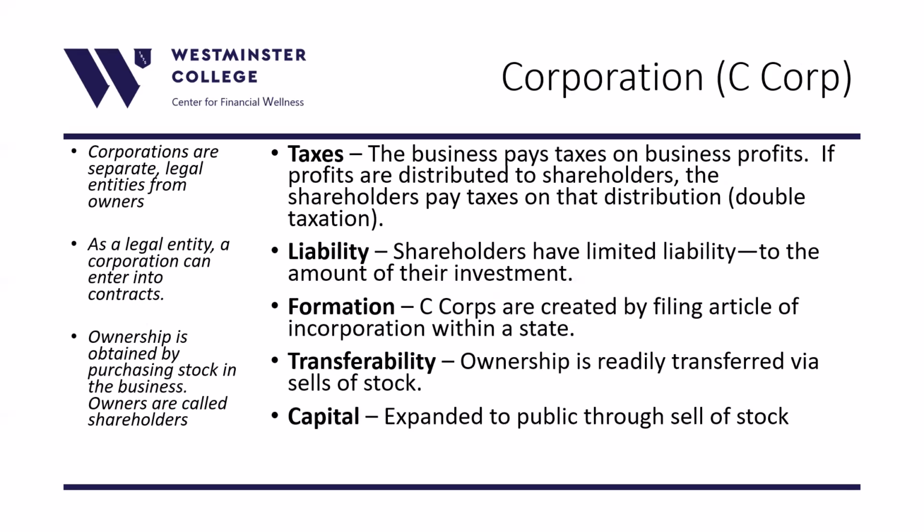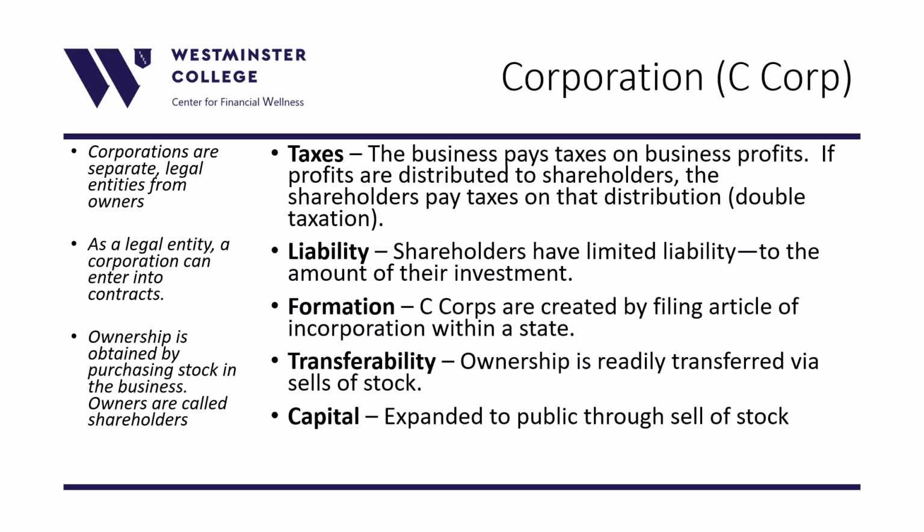Okay, liability. Shareholders are limited on their liability to their investment. They can lose their investment, basically. Formation: a C Corp is created by filing articles of incorporation with the state. The corporation as a separate legal entity does not cease to exist if one or more of its owners die, just like an S Corp. And that's going to impact our transferability and our capital.